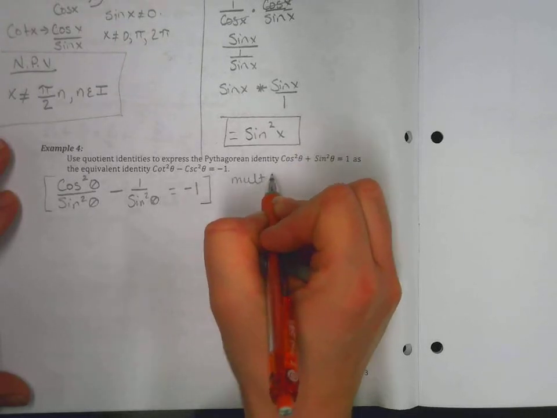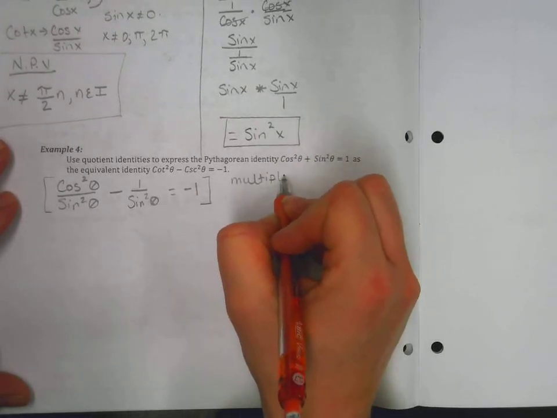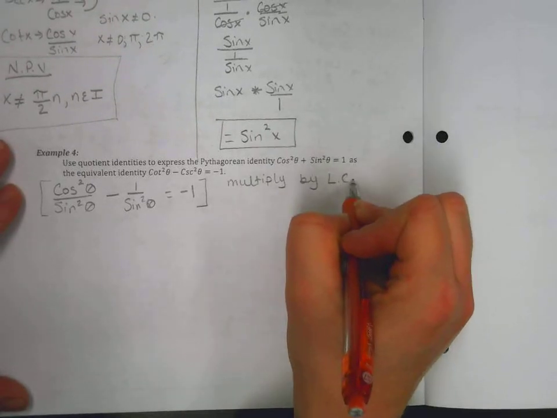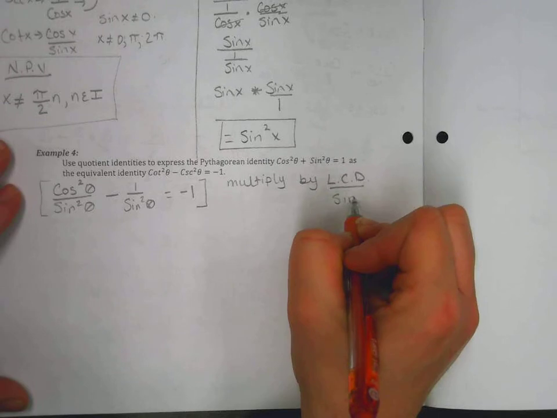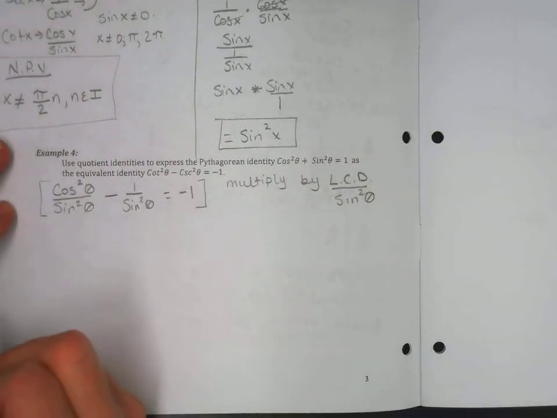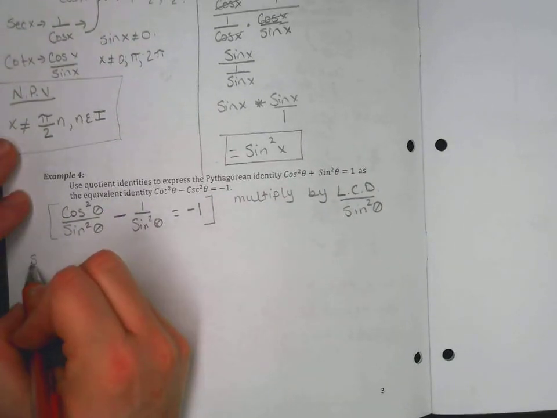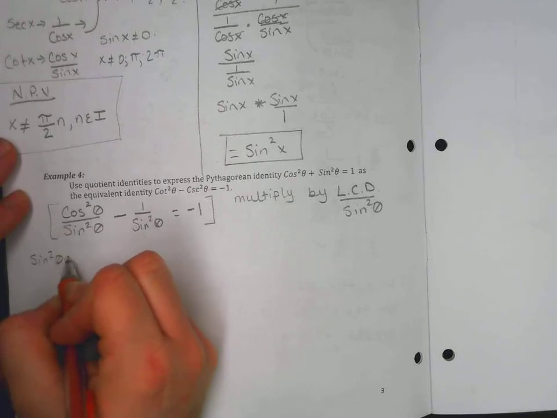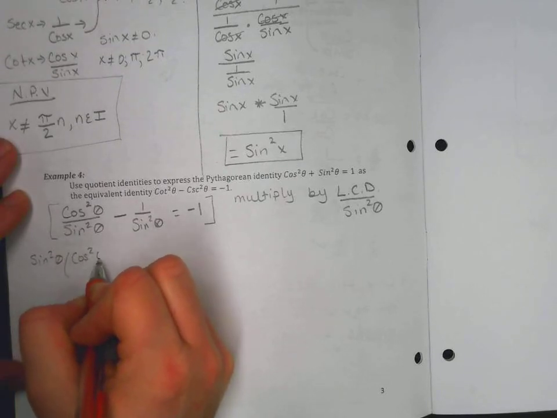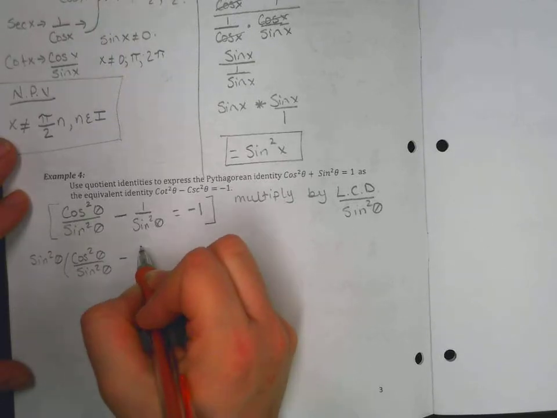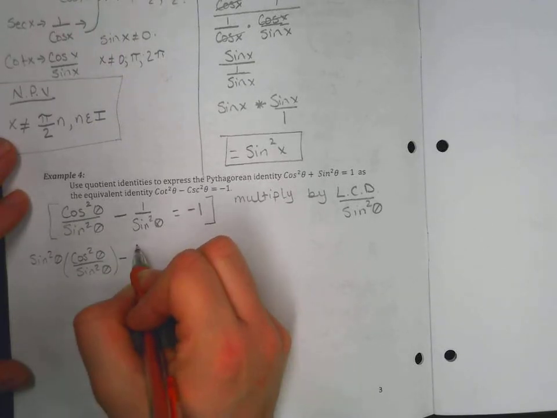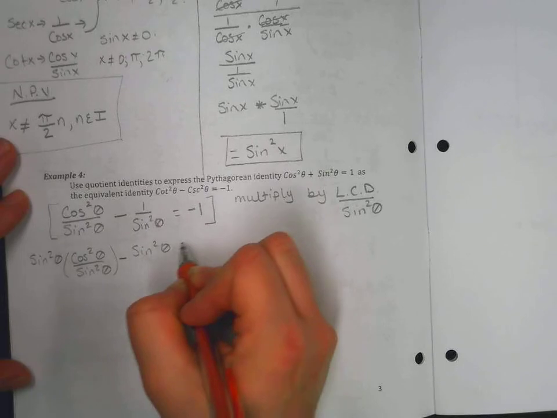So I'm going to take sine squared theta and multiply it by this fraction, and I'm going to multiply sine squared theta by this fraction. I also do this on the far side of my equation, so I'm going to multiply sine squared theta times a negative 1.